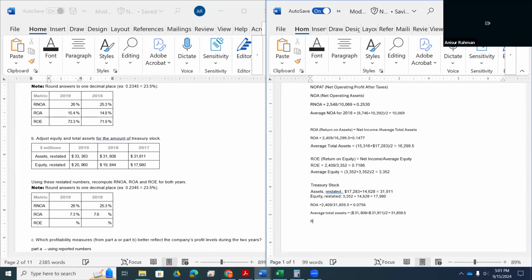Now, return on equity. Our net income for 2018, 2,409. We need to recalculate average equity. So our equity changed.